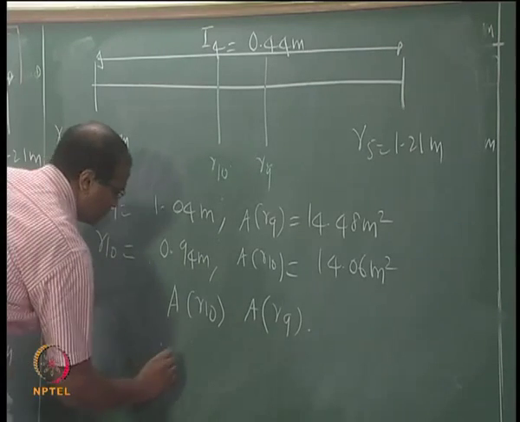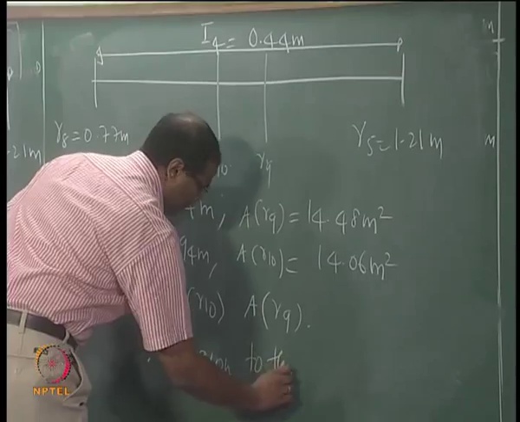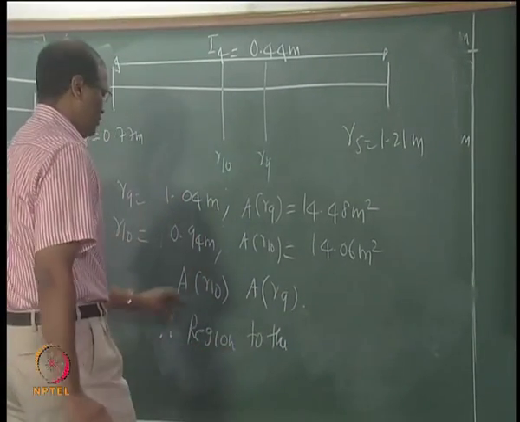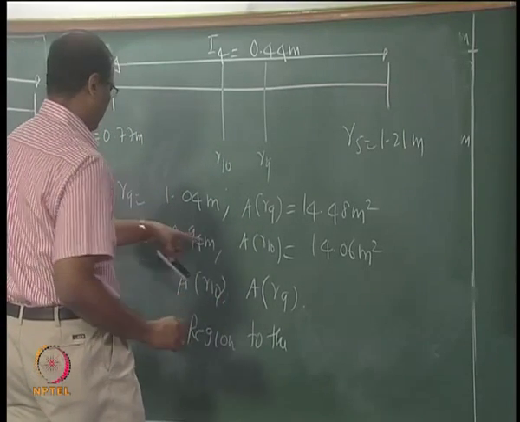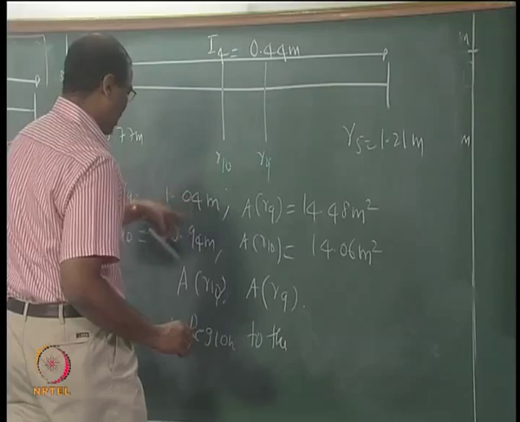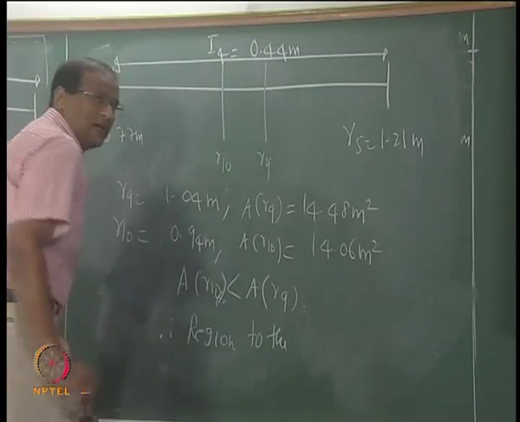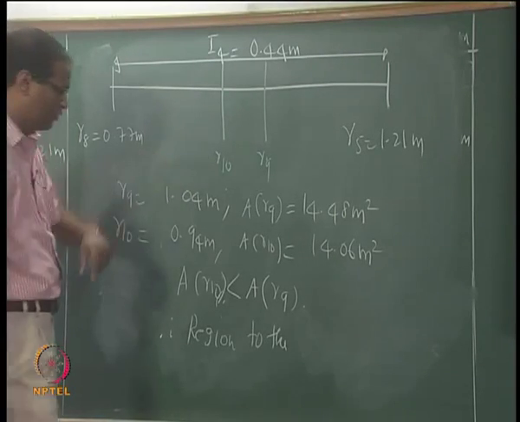Therefore, the region to the left of R10 is great, R10 is less than, right, correct. Therefore, the region to the right of R9.